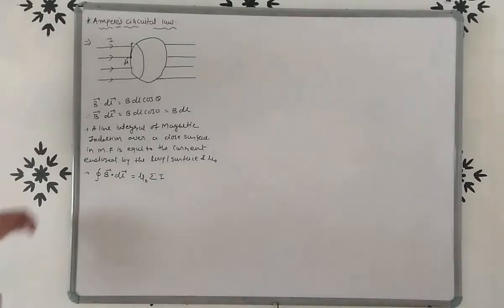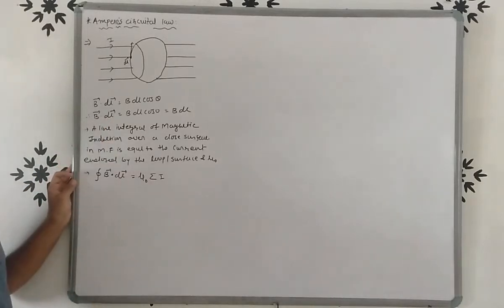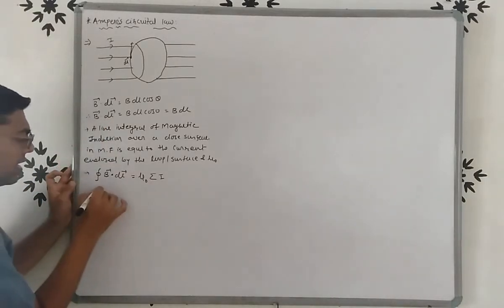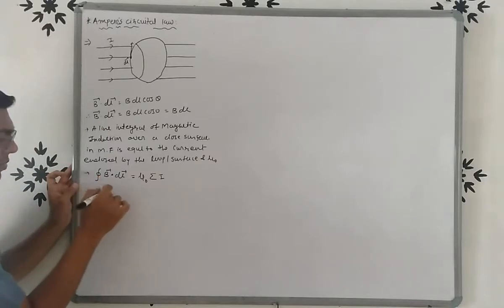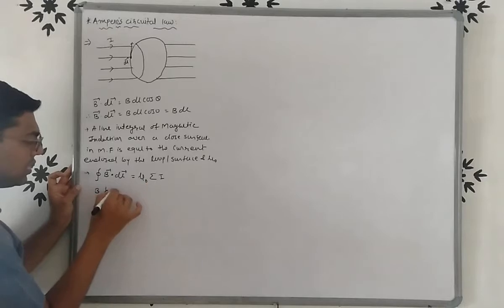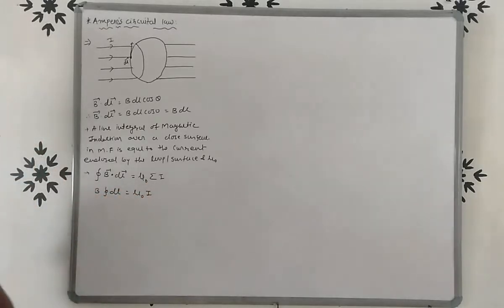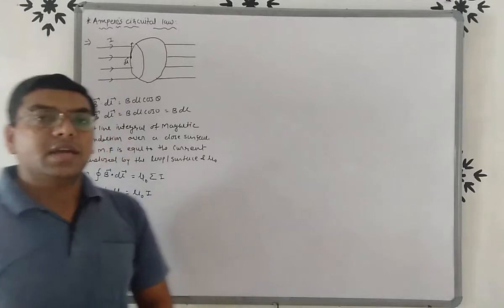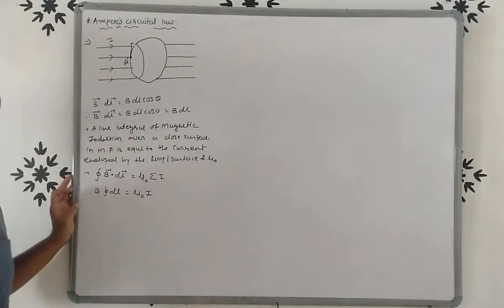Now here the directions of B and dl are the same, so we can write closed integral of vector B dot dl is equal to mu 0 sigma I. So B is common, so B times closed integral dl is equal to mu 0 times total current I. Now here there is a closed integral of the element of length.